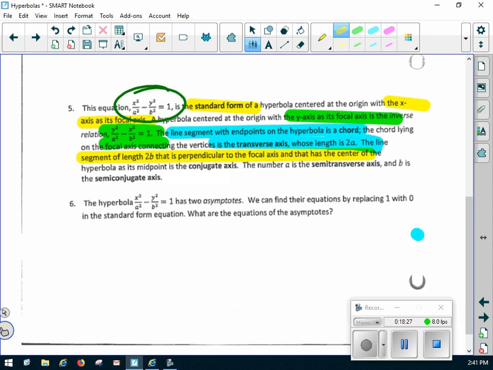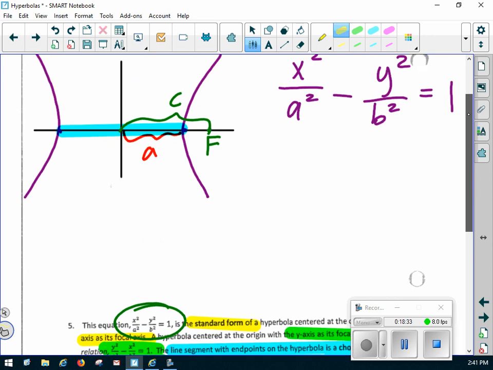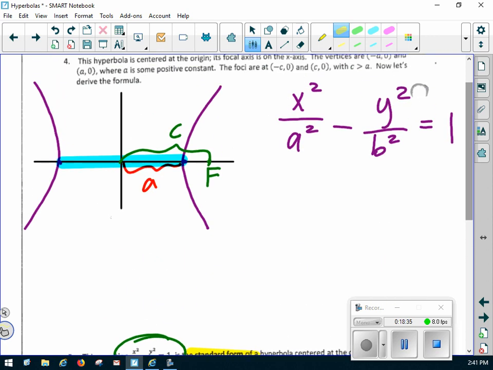That's called the conjugate axis. Whatever that b is, you'll take the square root of this b squared. So whatever that b is, that's the length. B is not even a part of the hyperbola, but I'll show you why it's important in a little bit.